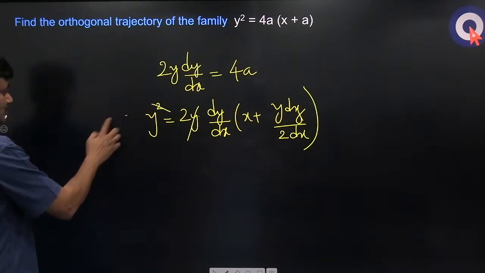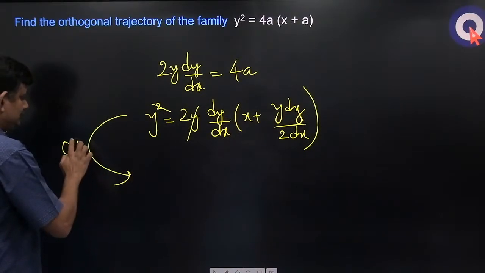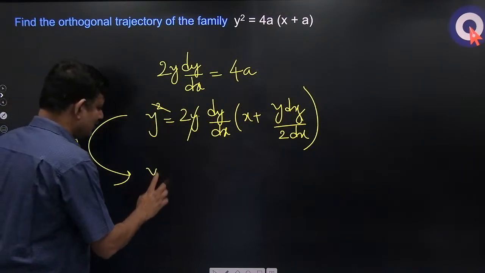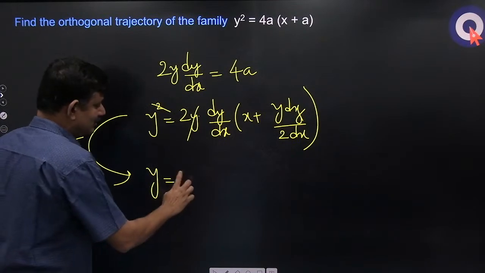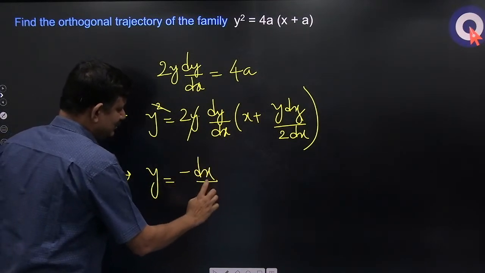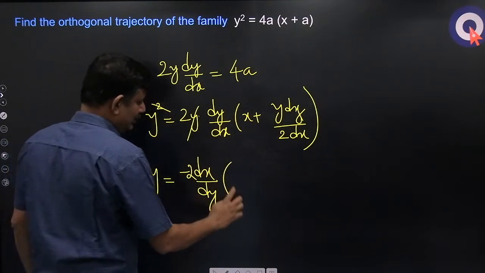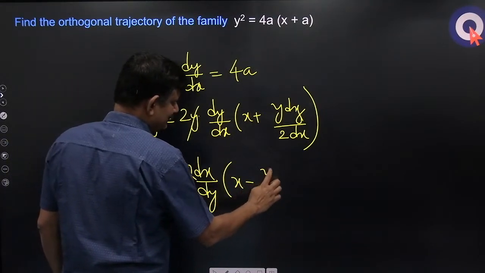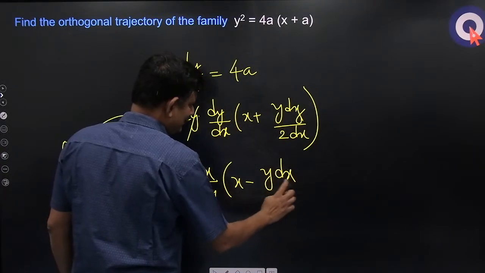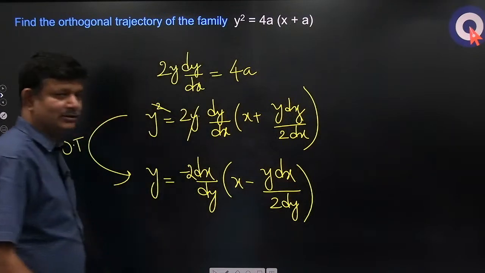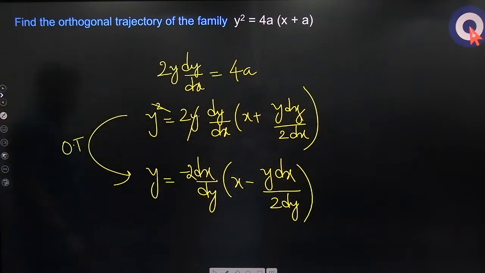Now how to get the orthogonal trajectory? Replace dy by dx by minus dx by dy. So what will be the orthogonal trajectory? y is equal to minus dx by dy, 2 is also there, into x minus y dx by 2 dy. This will be the orthogonal trajectory. Now we need to solve this. How to solve this?